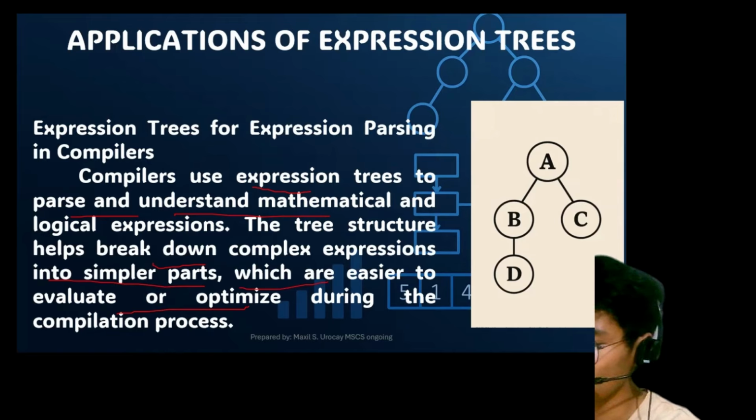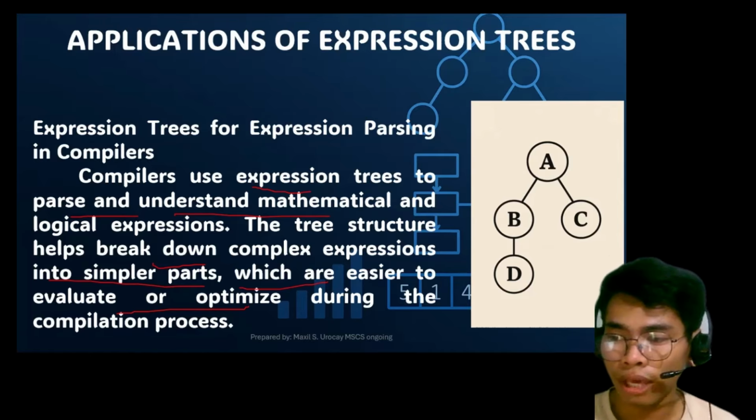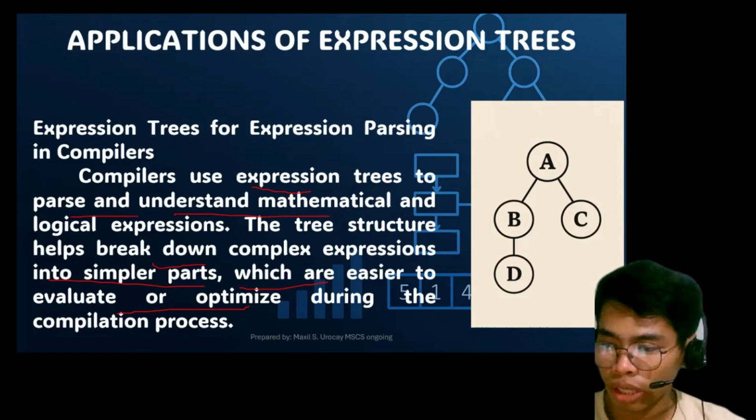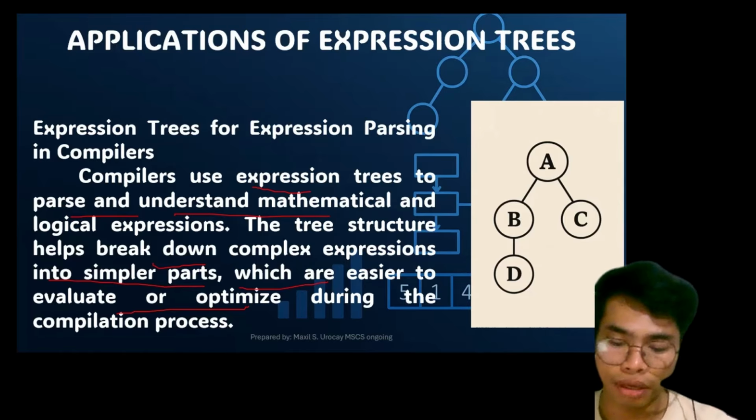If ever you wanted to switch into computer science as a student, you can definitely learn more about parsing techniques.